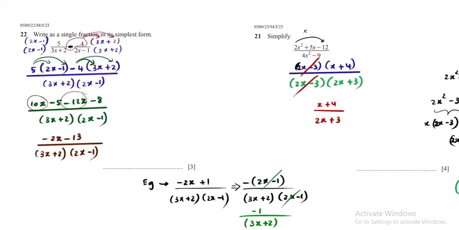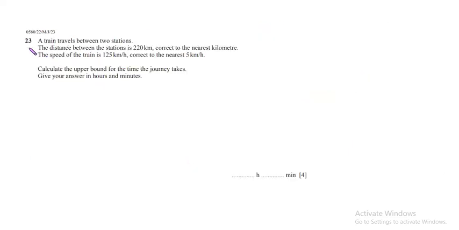Let's move on to the next question that we have. The next question is related to bounds. This is a very important question as well. In this case, the train travels between 2 stations. The distance between the stations is given to us to the nearest kilometer, and the speed of the train is given to us to the nearest 5 km per hour.